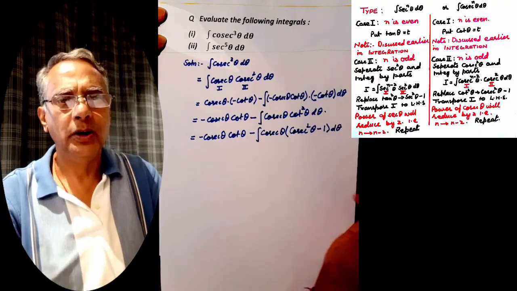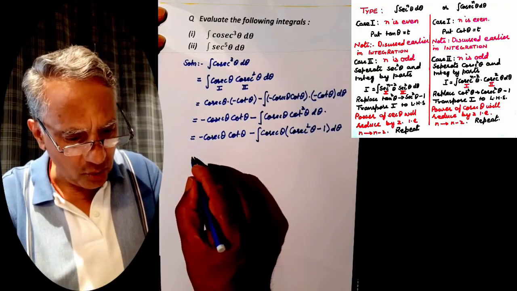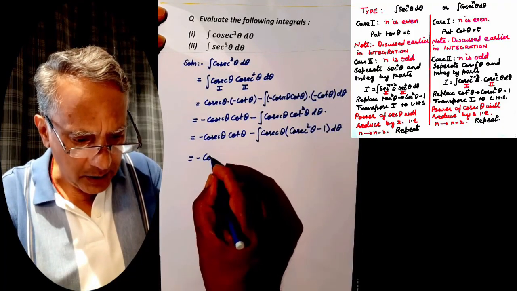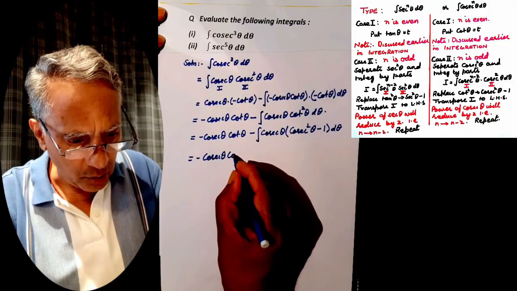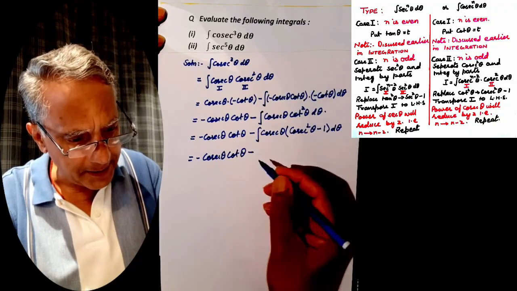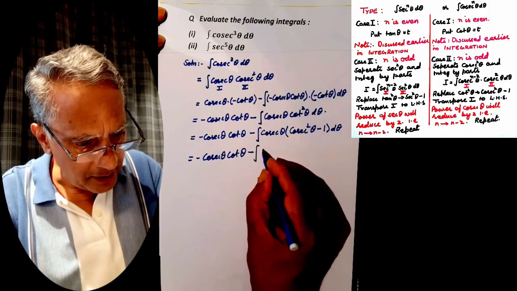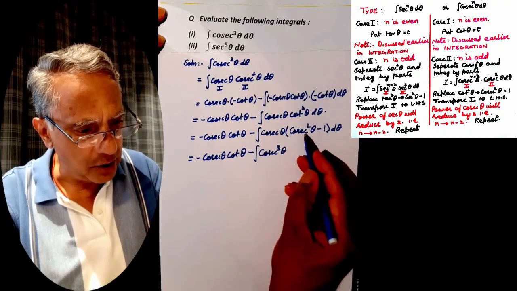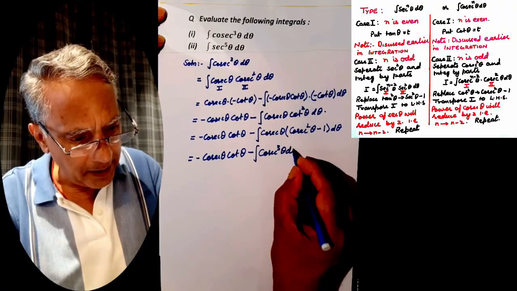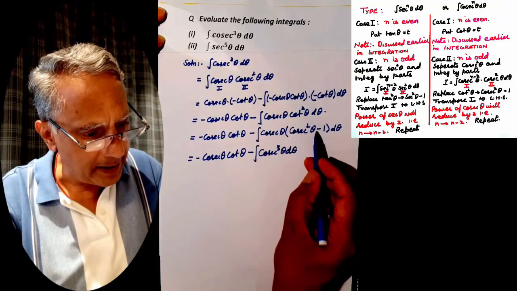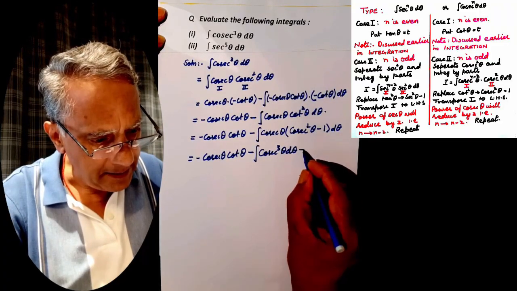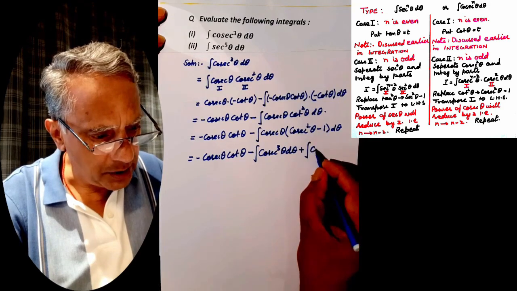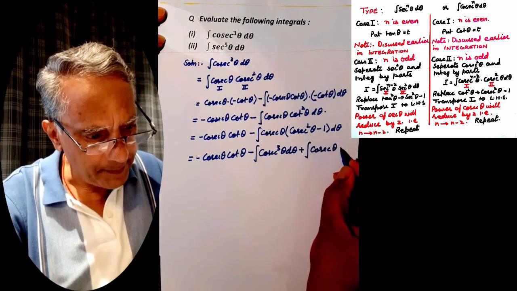This is equal to minus cosecant theta cotangent theta minus integral of cosecant cube theta d theta, and this will be minus minus plus plus integral of cosecant theta d theta.